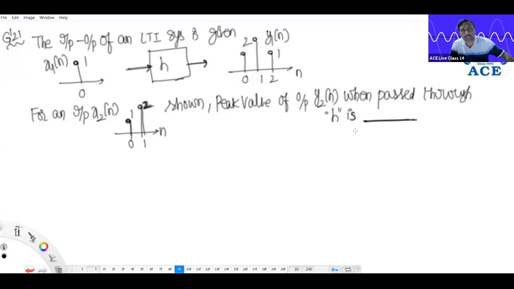Try to express the relation between inputs, sir. Then you will know the relation between outputs. What is the maximum value of y2[n] when it is passed through that system? The system is LTI. What number?